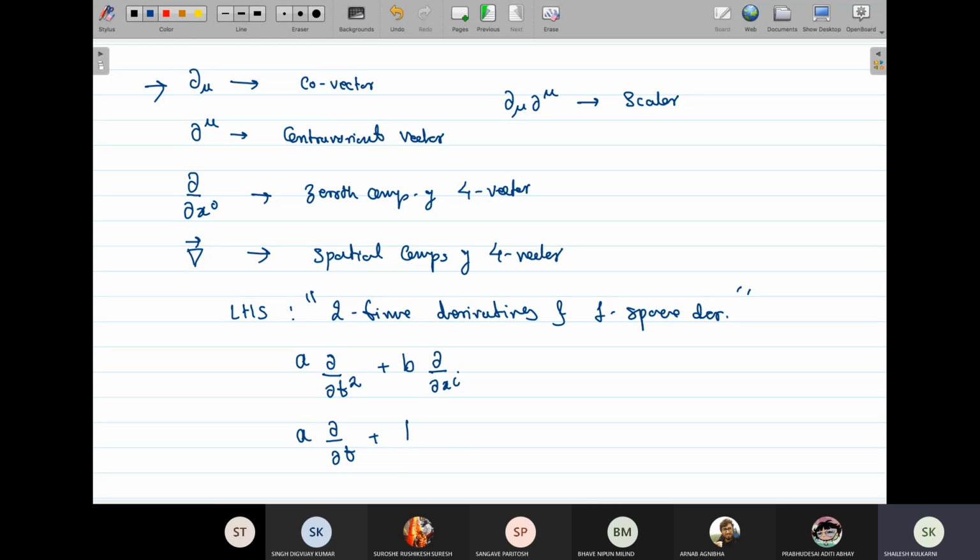Suppose I have a term like B gradient plus C gradient square. So I have one time derivative and at most two space derivatives. Is there any chance for this term to be Lorentz invariant?